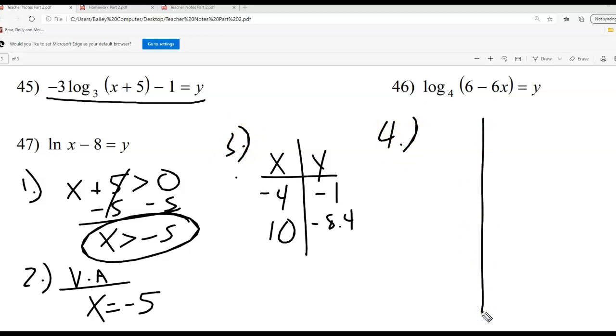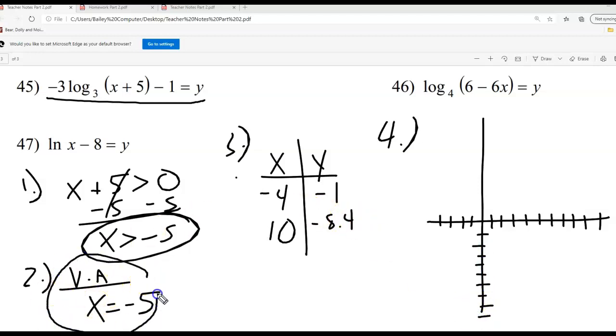So my x-axis is going from -4 to +10, and my y-axis is going from -1 to -8.4. All right, now my vertical asymptote is what I'll graph first.